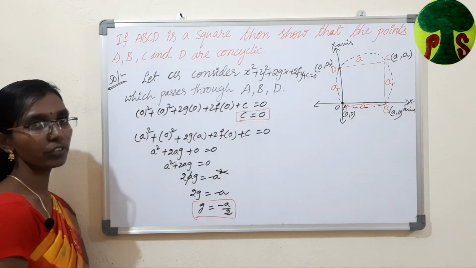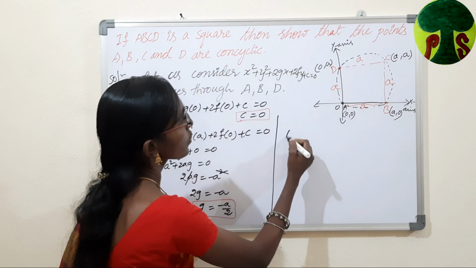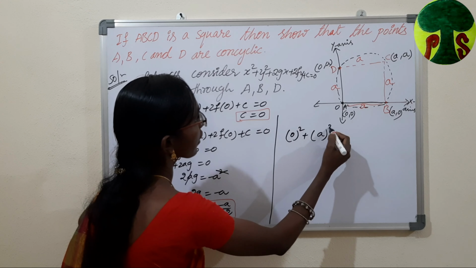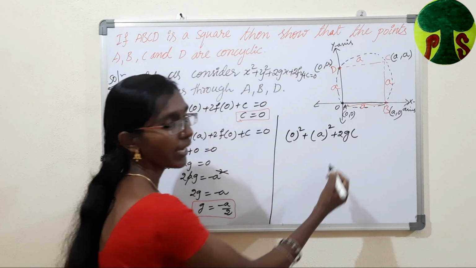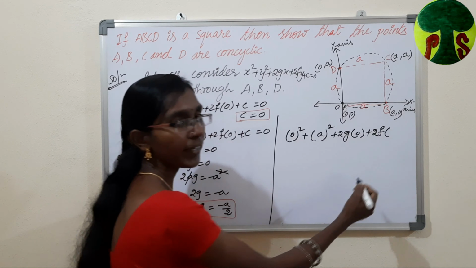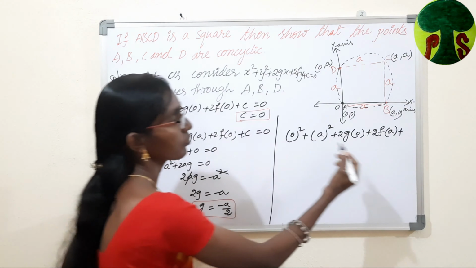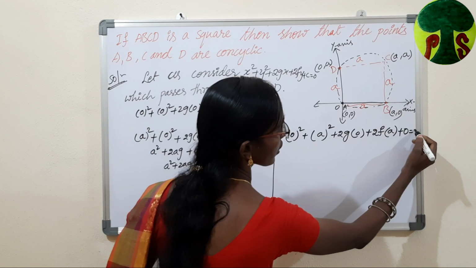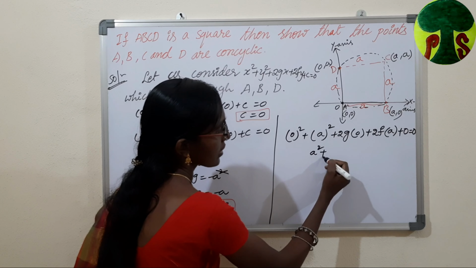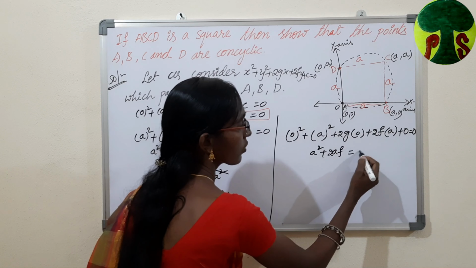Now we have to substitute D, 0, a in the equation of the circle. So x value is 0, 0 square plus y is a, a square plus 2g into x, which is 0, plus 2f into y, which is a, plus c, which is 0, equals 0. So a square plus 2af equals 0.